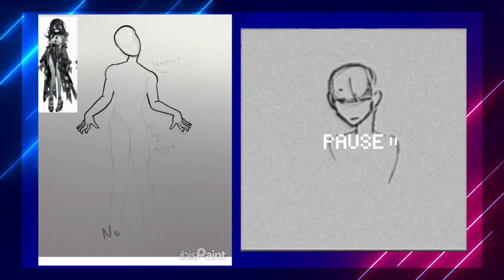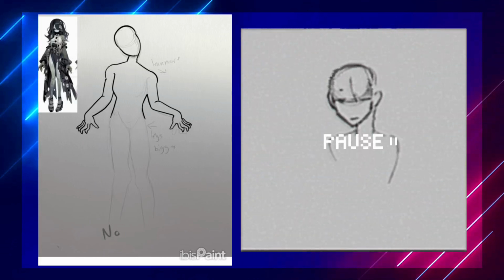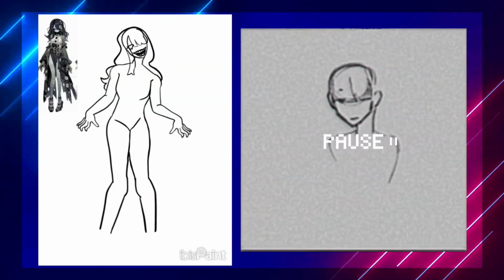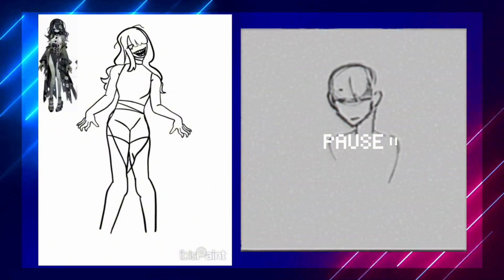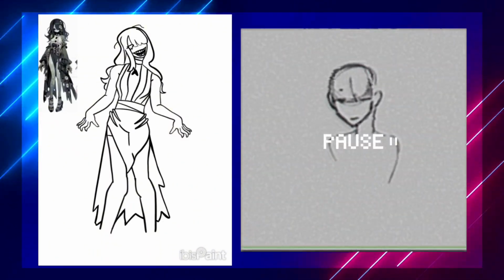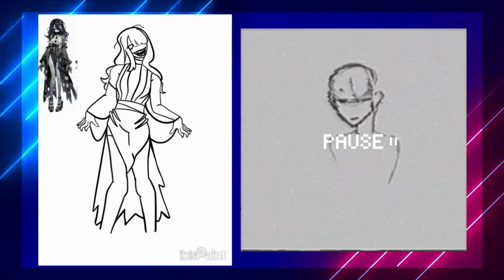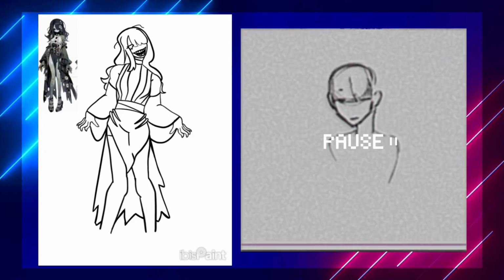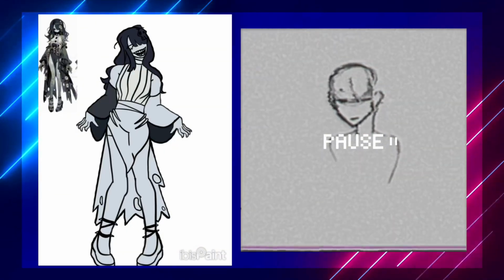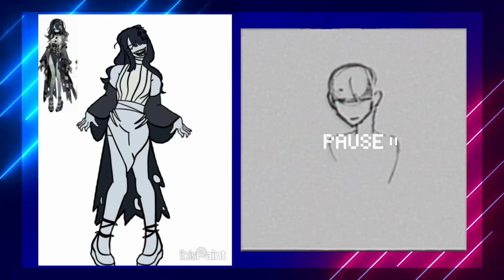Once again, traditional, you know what is up. So, I wanted her to be more like a creature. It's not really specified if she's like a zombie, a ghoul, a ghost. So I kind of went with like a ghost kind of zombie, I don't know. But look at this beautiful color scheme.